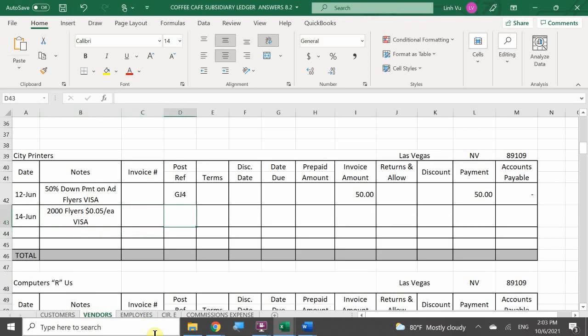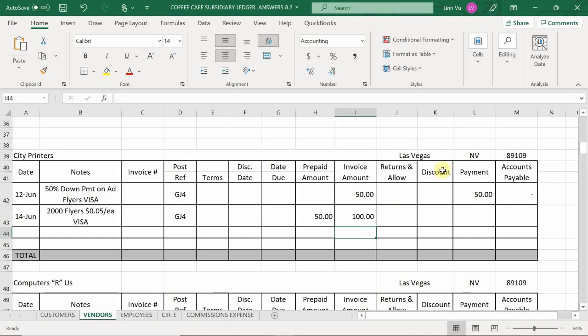No invoice number in this case. General Journal 4. No terms, no discount, no due dates, nothing. We have $50 in advance in prepaid accounts. What was the original bill for? 100. And did we make a payment? Yes, for $50.